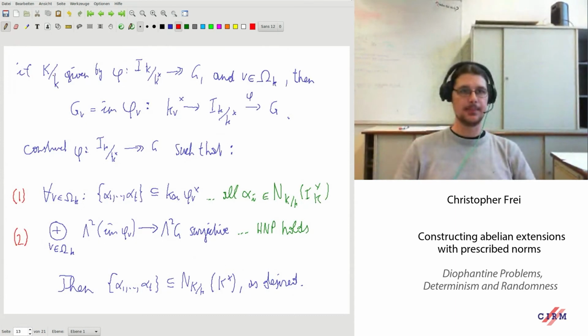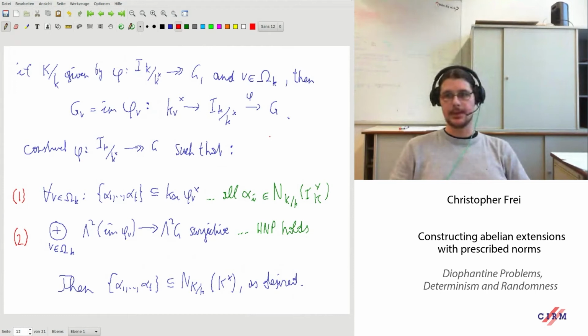If my extension is given by this surjective homomorphism phi from the ideal class group to G, and v is any place, then I can look at phi_v, which just composes phi with the embedding of my local field into the ideal class group. And then this decomposition group G_v, as a subgroup of G, will just be the image of this map phi_v. So everything fits together very nicely.